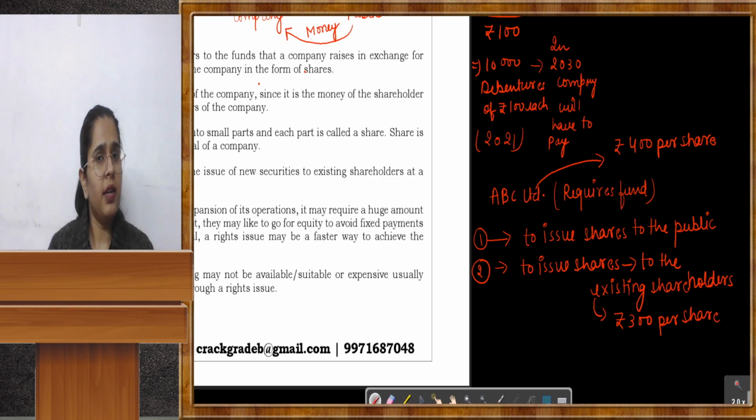So that the shareholders can come and take up the shares, and through this route the company will not have to go to the general public for issuing shares.